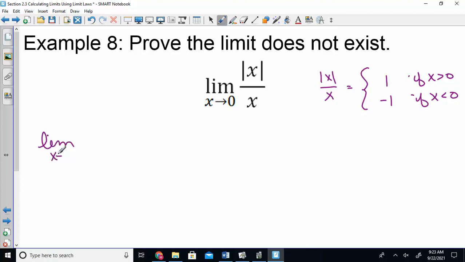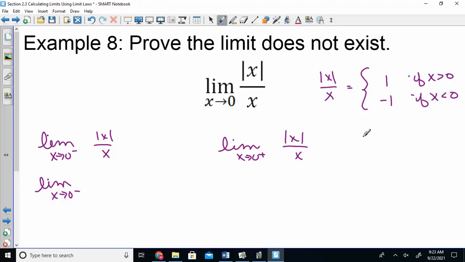So if we look at the left and the right hand limits, if you're approaching from the left, you are plugging in things smaller than 0. So which step are you on? The top or the bottom? The bottom.